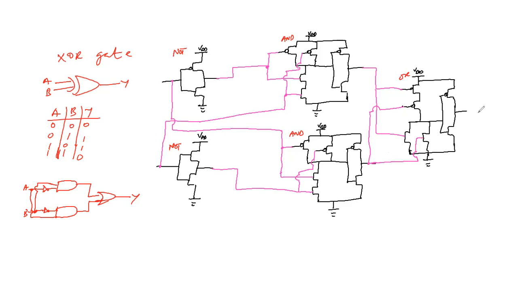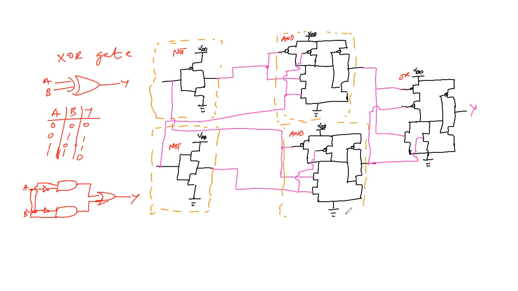Output. One NOT gate. There's another NOT gate. This is one gate. This is another gate. And this.